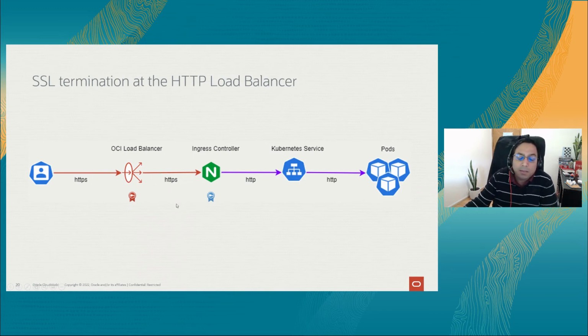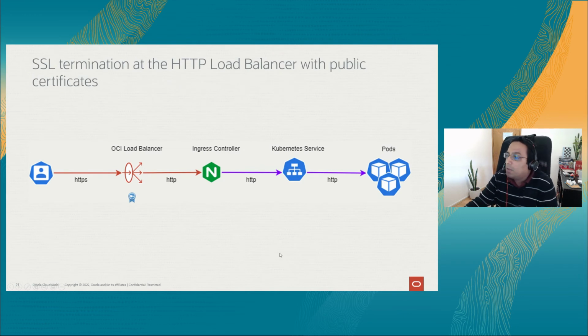And the implication here is that we don't trust this network, the cloud provided network, and therefore we want to do our own encryption.